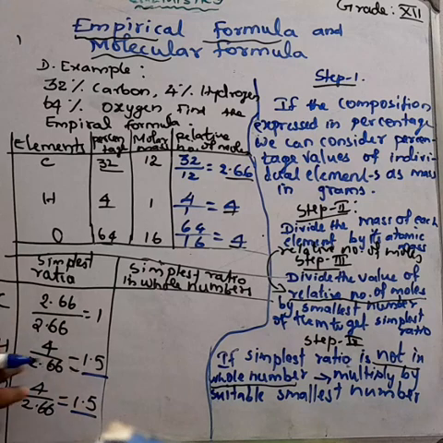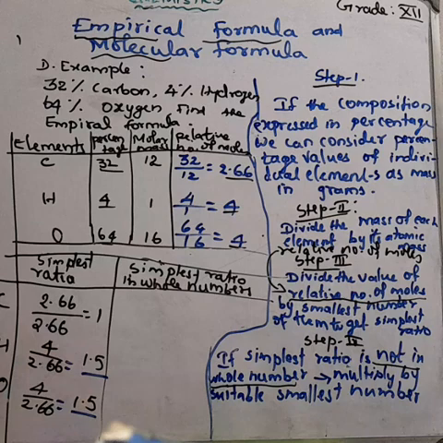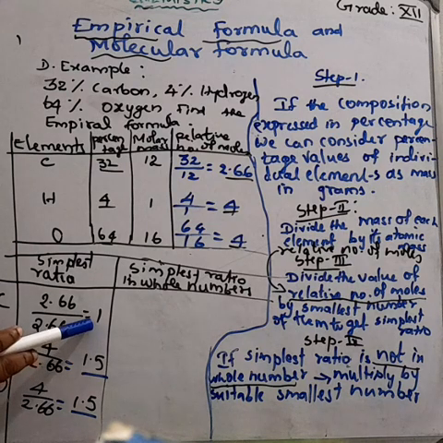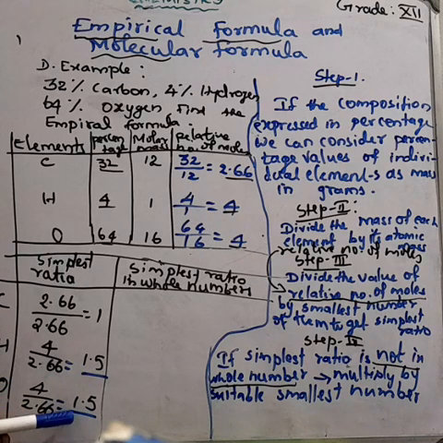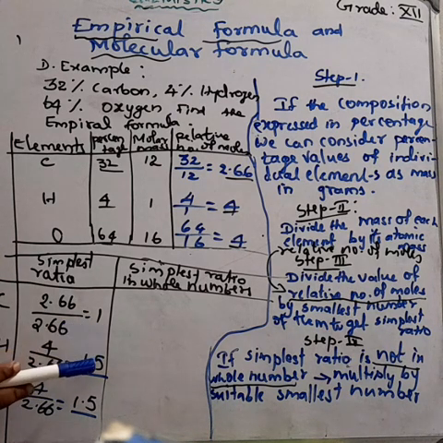Here, 1 is a whole number, not a problem, but 1.5 is not a whole number. When we multiply 1.5 by 1, we get the same value, 1.5.